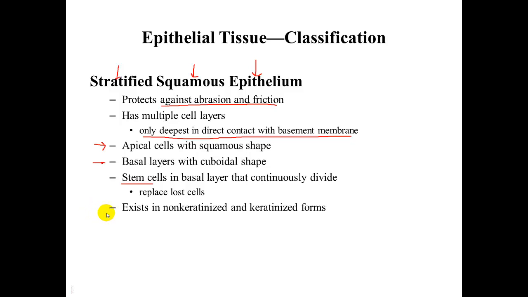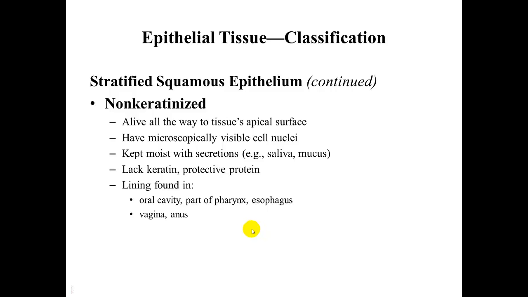It exists in two main forms: the non-keratinized form and the keratinized form. In the first, non-keratinized, the cells are alive all the way to the tissue's apical surface.